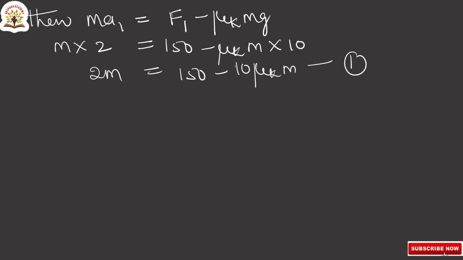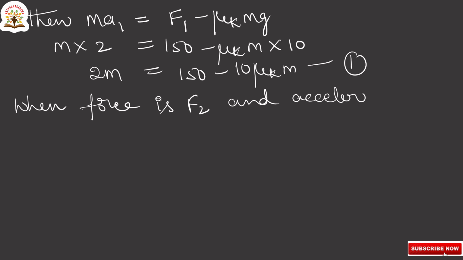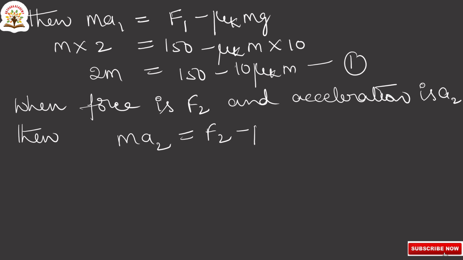And when force is F2, then acceleration is a2. Then m a2 equals F2 minus mu k into mg.